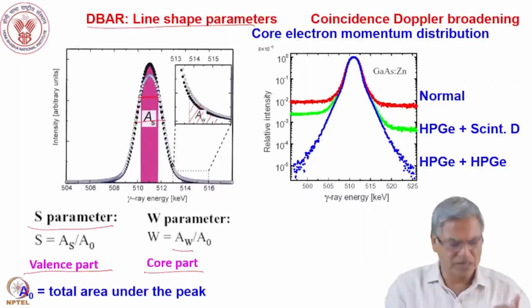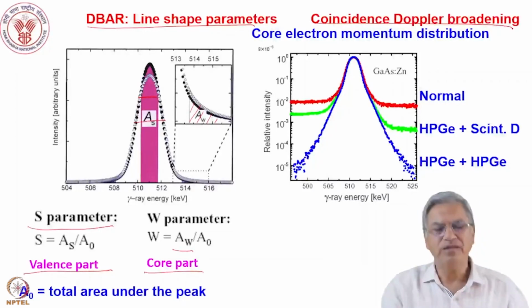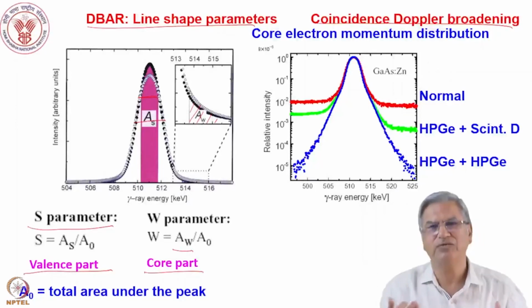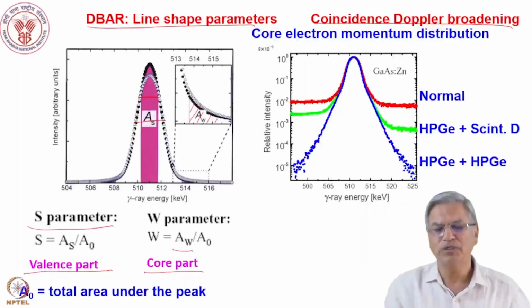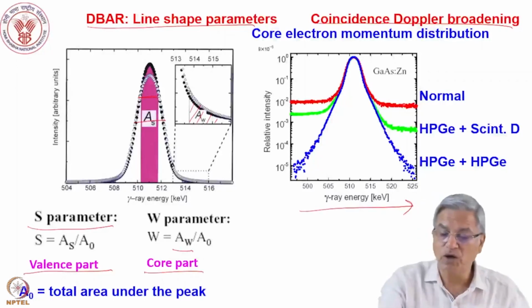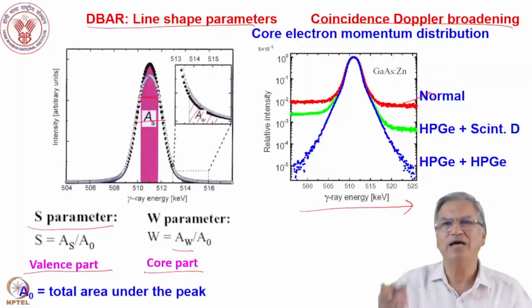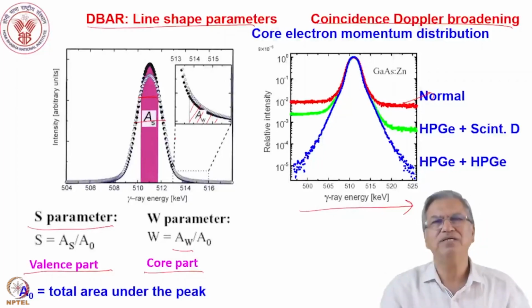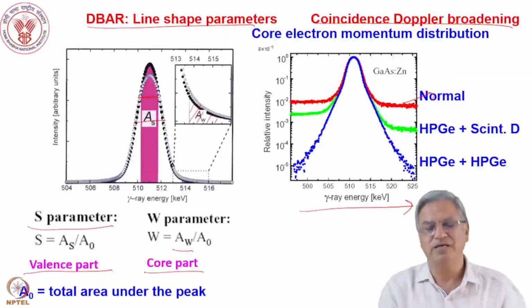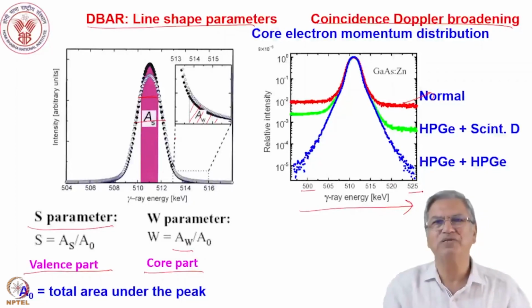So if you can reduce the background by some technique called coincidence Doppler broadening, then you can have more accurate data about the core electron momentum. So here, this is again the Doppler broadening spectrum. This was the normal one, the same as this spectrum, where you just have an HPGe detector and record the gamma spectrum around 511 keV. You can see here 500 to 525 keV is the region of interest for the annihilation radiation.